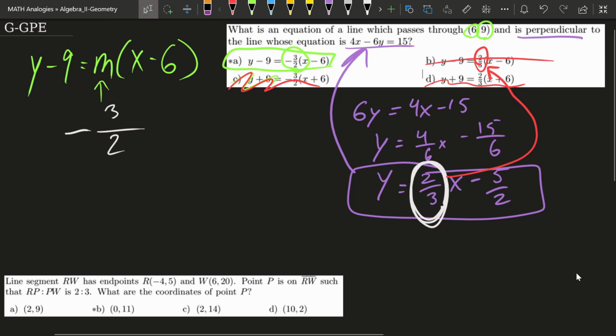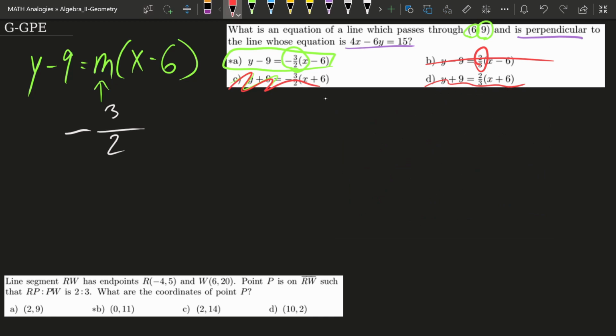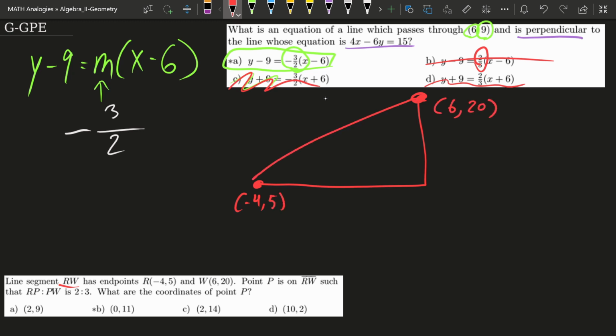Now, for the problem down below, let's take a look there. The line segment RW starts at (-4, 5), and goes over to (6, 20). So something like that.